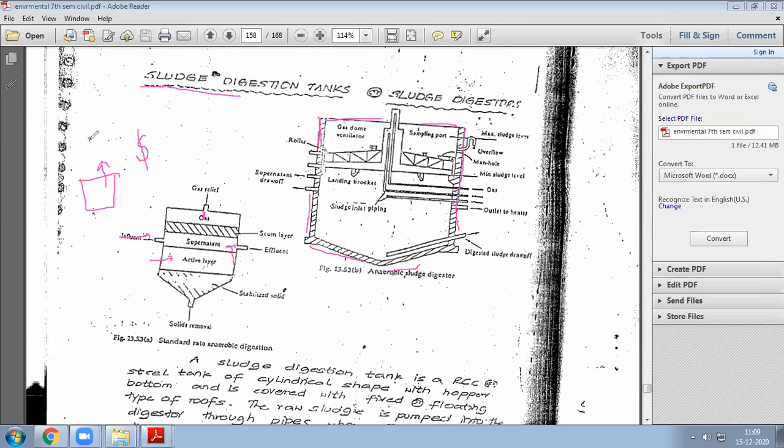All the methane gas, sulfate gas, right? These gases start coming if you keep it completely closed. That concept they will use. They close it completely and keep it for some time, 1 month, 2 months. Supernatant liquid starts forming, and they remove that.